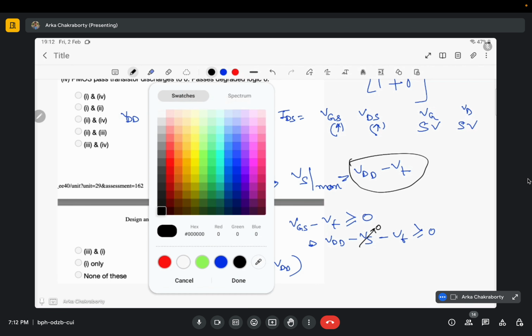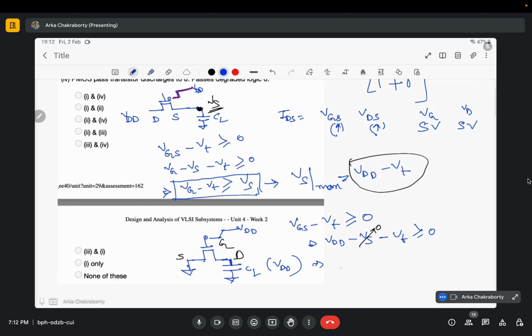So simply VDD is greater than or equal to Vt. Yes, Vs is here 0. So my source can reach up to 0 volt. Okay, I should rephrase my equation.